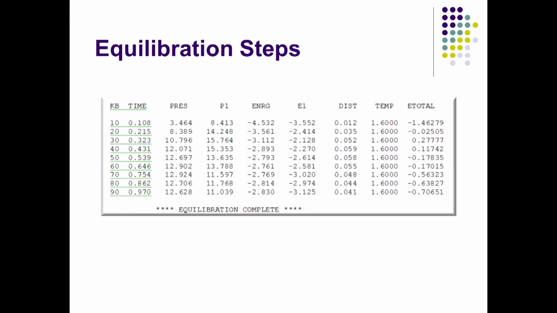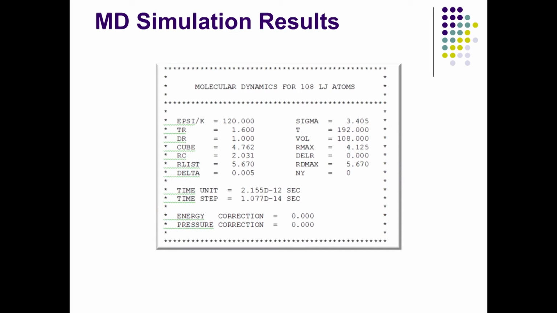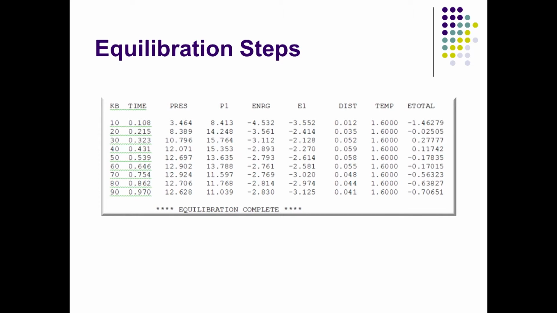We went up to 100 time steps here, and if you go to the previous slide, you can see what the time step is. The time step is equal to 2.15 × 10^-12 second, and that's the unit, and then the step is 10^-14. So, with that understanding, once the system gets into equilibrium, we also look at the molecular dynamics simulation output.